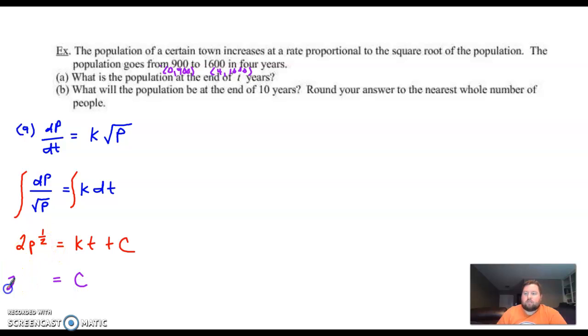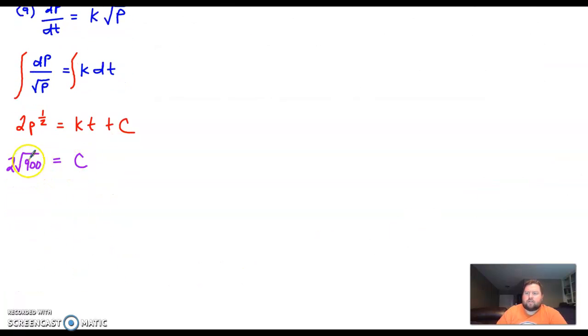And then this is 2 times the square root of 900. The square root of 900 is 30, times 2 is 60. So c is 60. All right, so let's rewrite our equation. 2 square root of p is equal to kt plus 60.